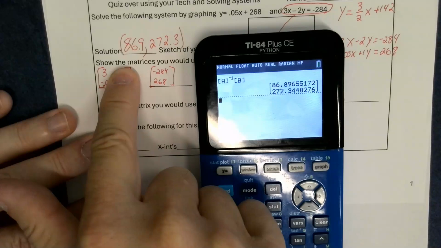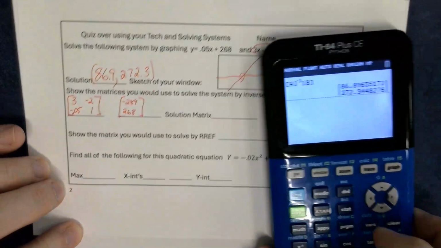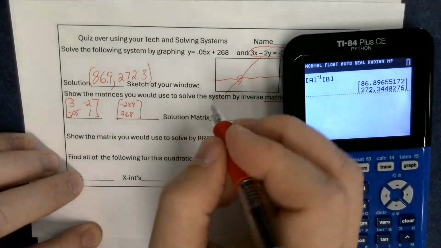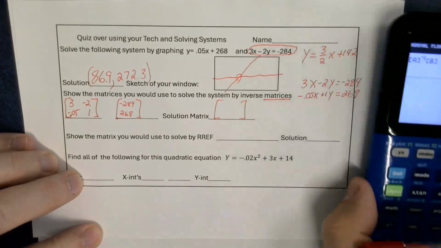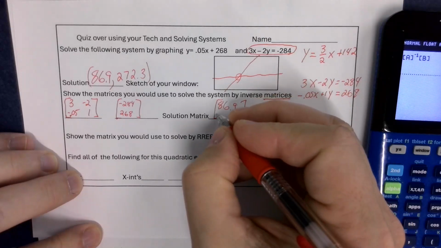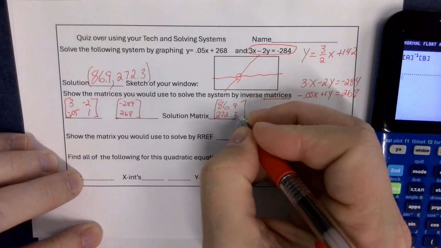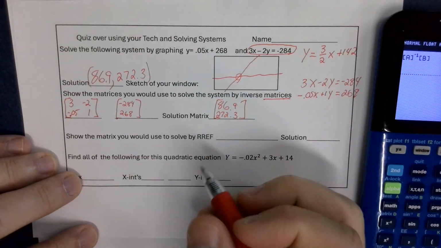If I don't get that, then something's concerning to me. So my matrix then should look like this. And I put the answers in as a 2 by 1, just the way that you see it, 86.9 and 272.3.